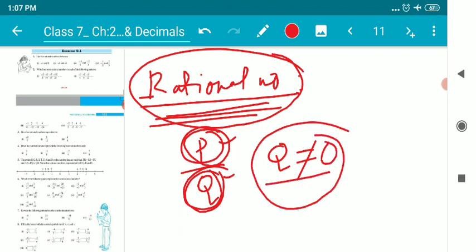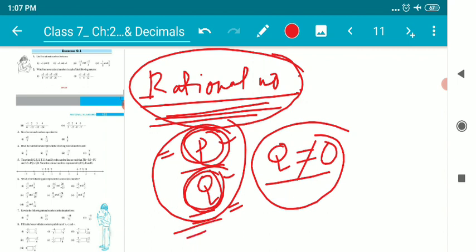In the place of q I cannot take 0. Other than 0, I can take any number in the place of q, and any number in the place of p. Every number that can be expressed in the form p by q is a rational number.